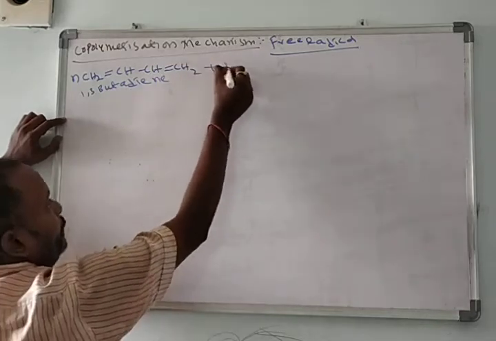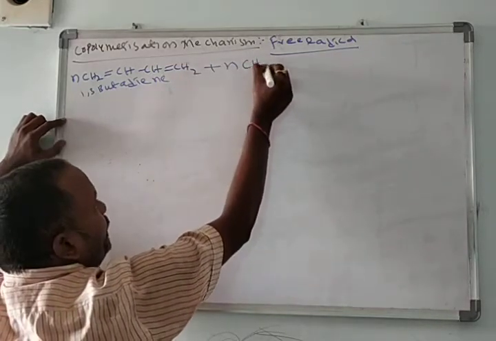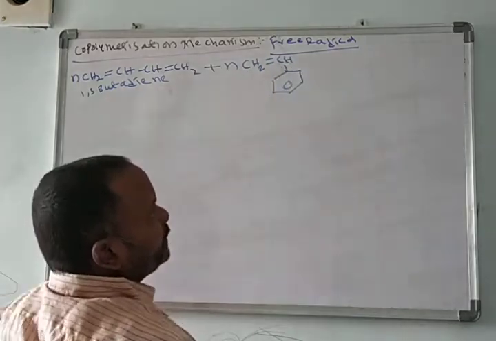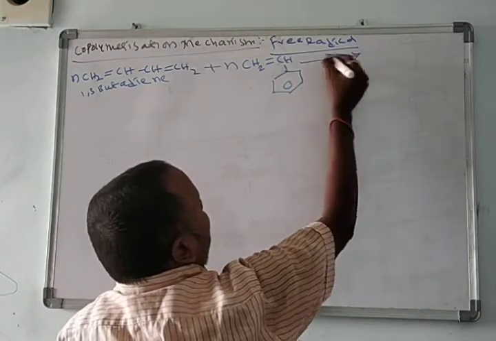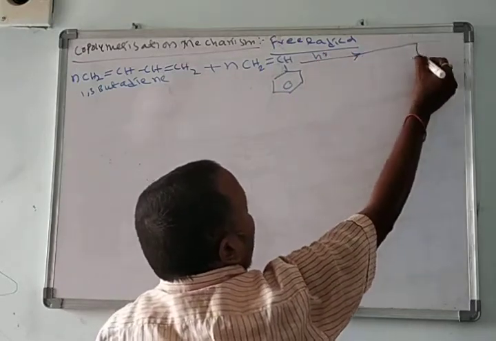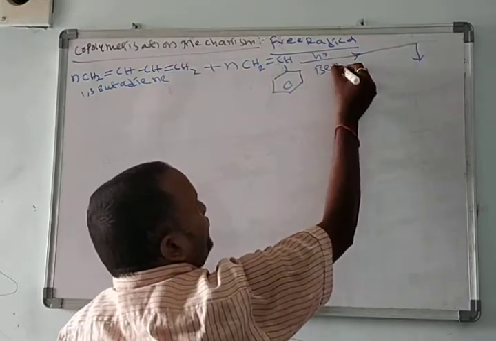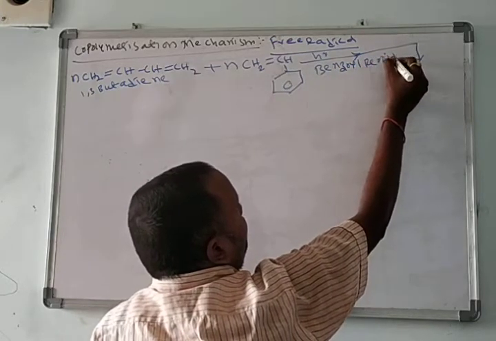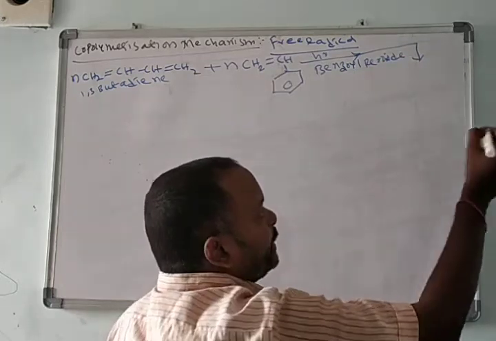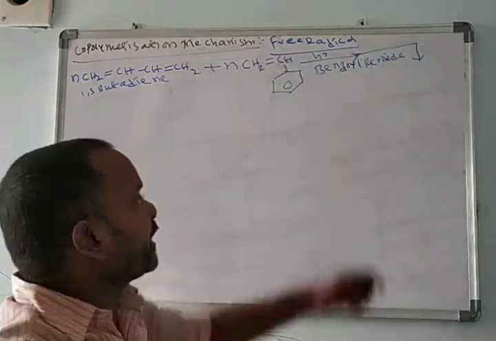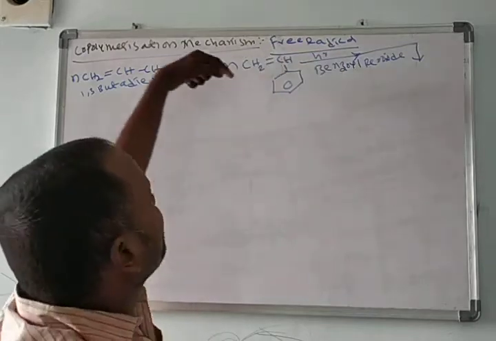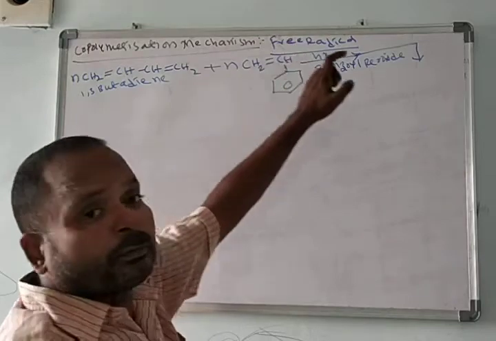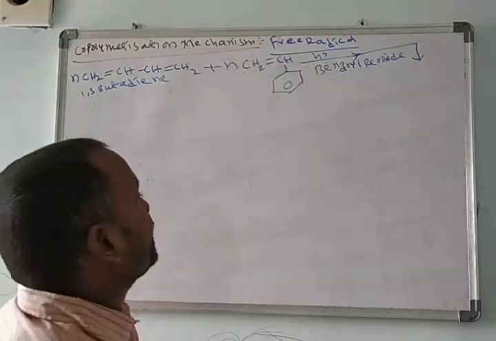Okay, addition with number of styrene molecules, in the presence of sunlight and benzoyl peroxide. If we are using benzoyl peroxide and sunlight, that means the formation of the polymer proceeds through free radical copolymerization mechanism.